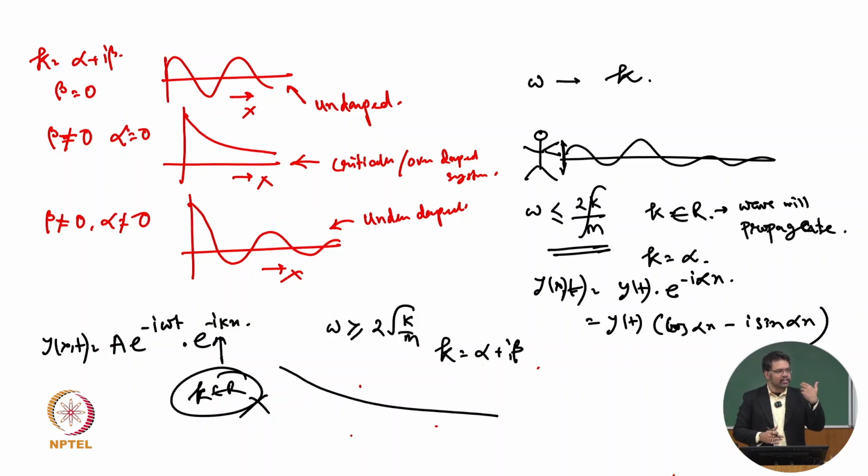If kappa is imaginary, the wave will clearly decay. If kappa is complex, it will decay with oscillations. Very clear, no problem at all. Perfect, good. So this way we are able to get that.